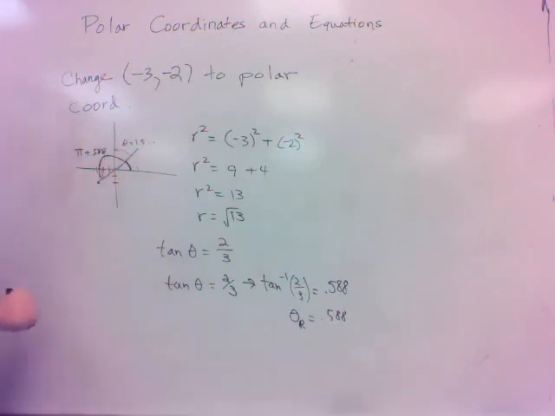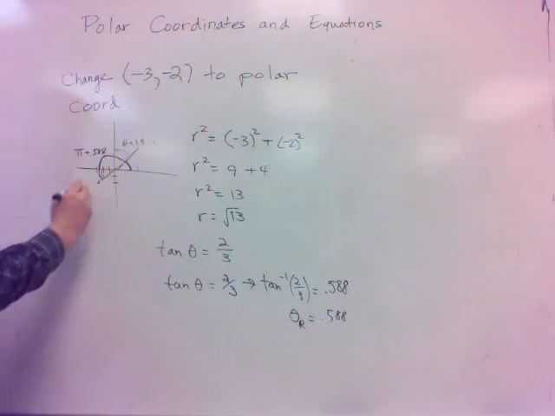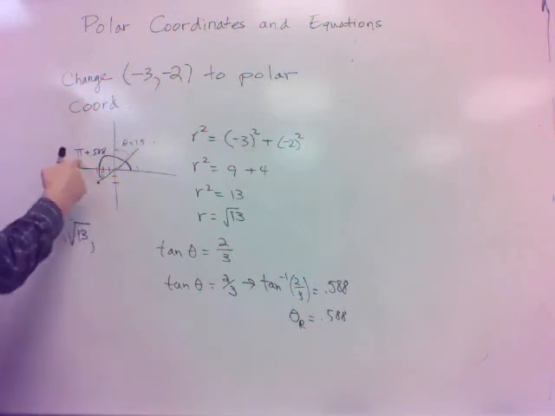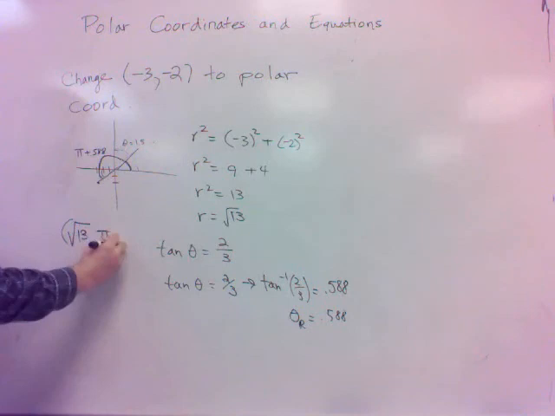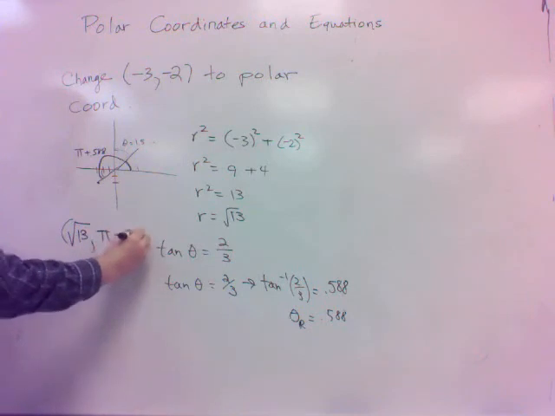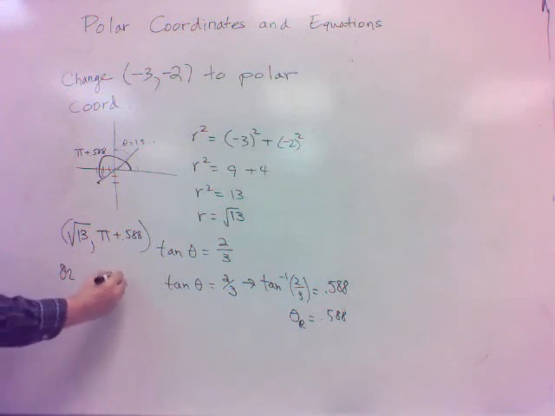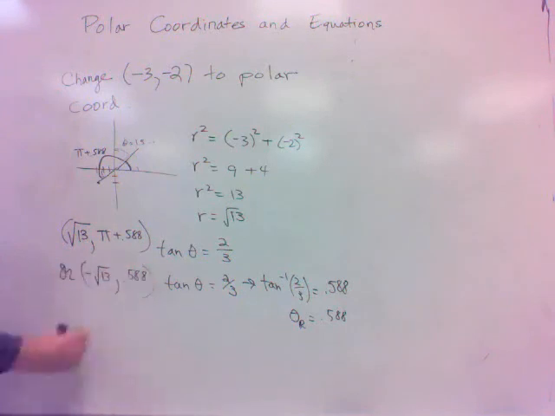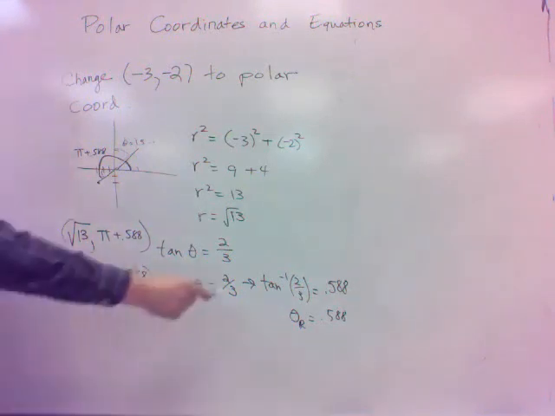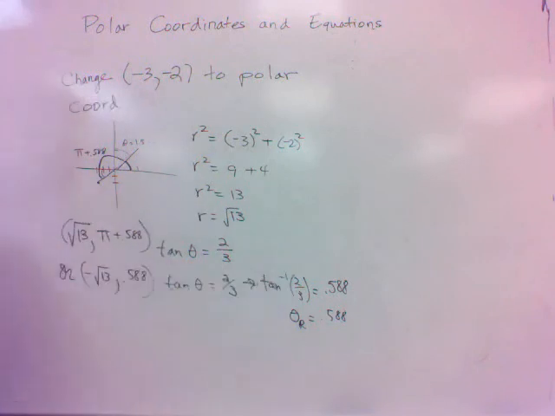So let's do that. All right, so r is square root of 13. Theta is pi plus 0.588. With me? Or we could say 0.588, but then do a negative r. That would get that same point, wouldn't it? It's just from the tangent inverse, I just put it in.